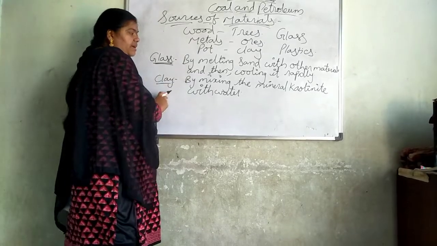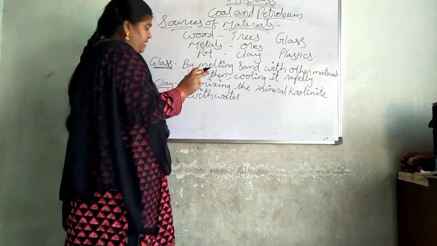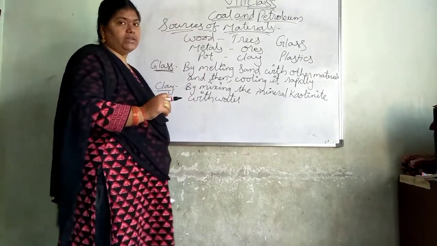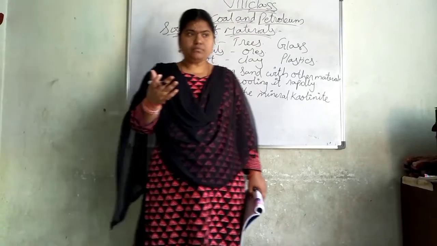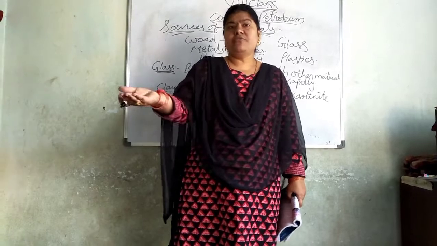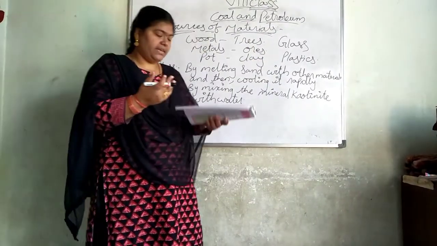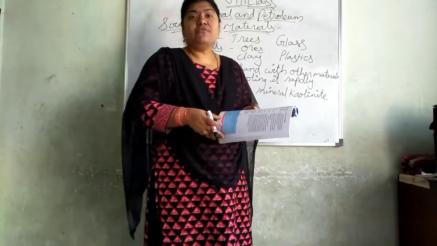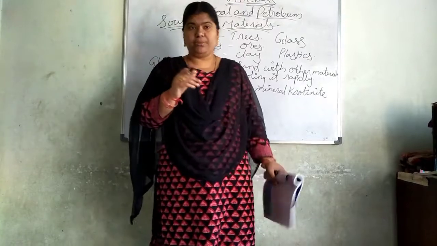Then clay, by mixing the mineral kaolinite with water. Pots are made with that, and for Ganesha Chaturthi, the idols are also made with this. Next is wood, from dried trees. We get plastic from petrochemicals.